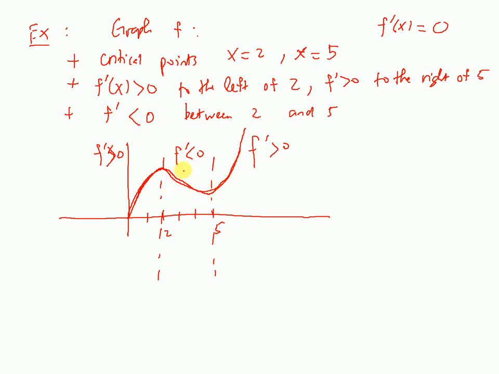So at the points 2 and 5 we have a horizontal tangent line, because the slope is 0. And this point is what? This is the local max, and this point is the local min, right?